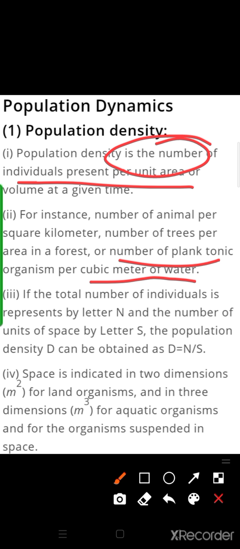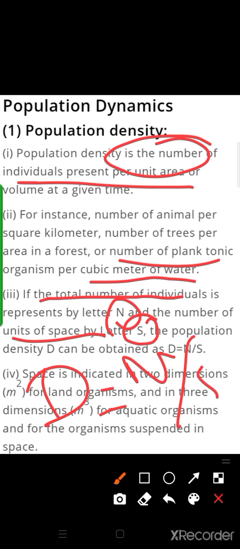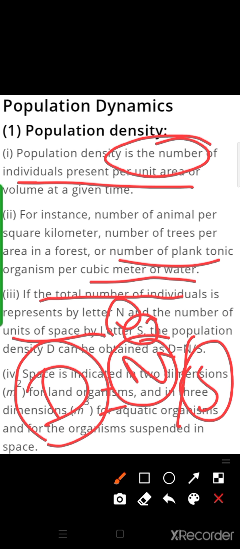Suppose you represent the total number of individuals by capital N and the space by S. Then density D equals N upon S, that is, number of individuals divided by space or area. By this formula you are able to get the population density.